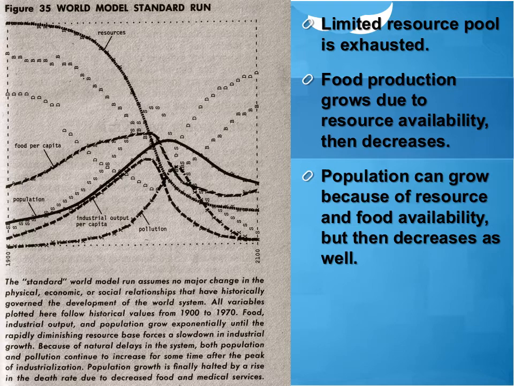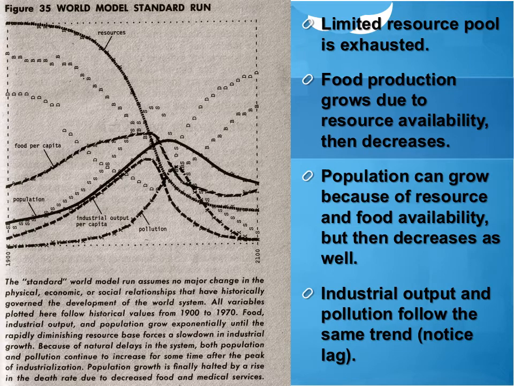Population also can grow because of resource and food availability. So there's resources, there's food production, so people can grow. But of course, when resources start running out and food production starts slowing down, then population also starts decreasing. And industrial output and pollution pretty much follow the same trend. While there's resources and there's population, industrial output, this capital will grow.